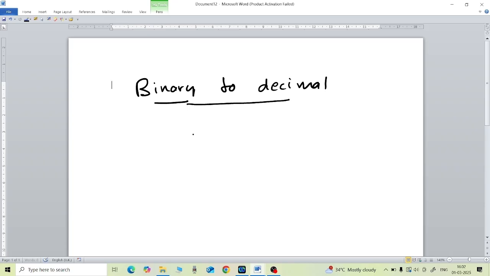Before entering an example, we will just revise the positional weights by taking an example. This is a binary number and its weights go like this.